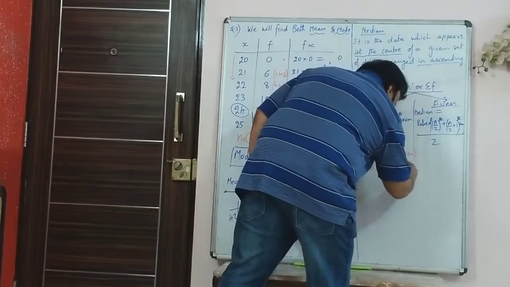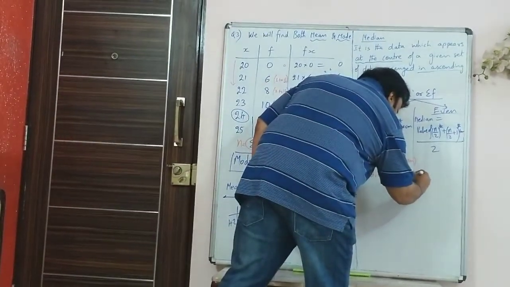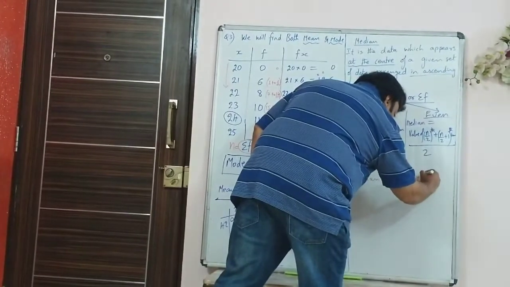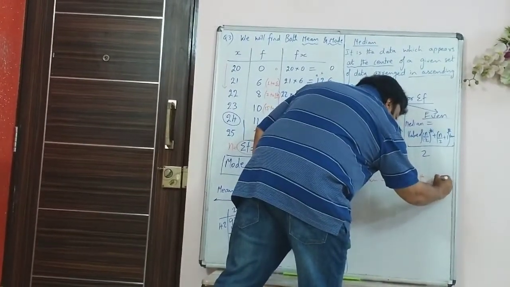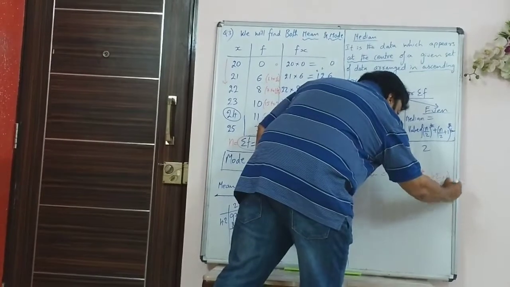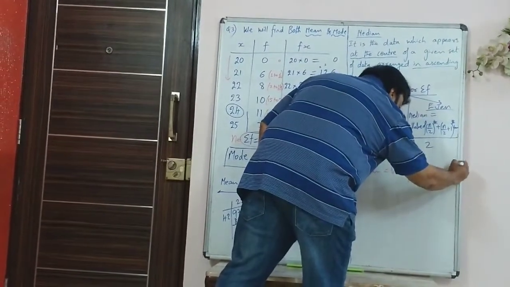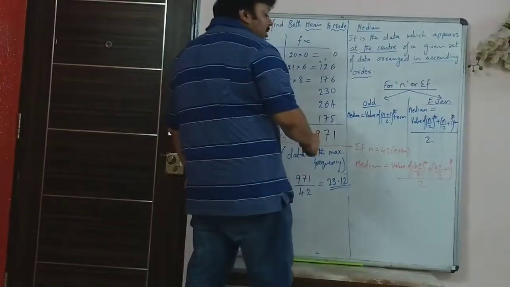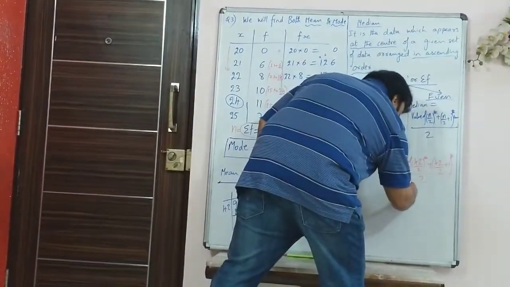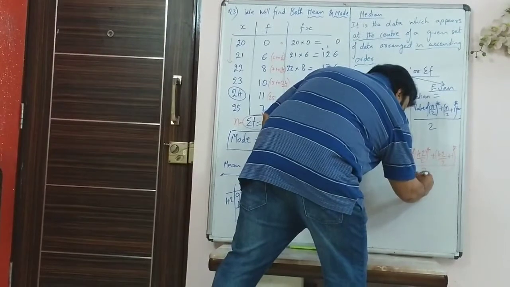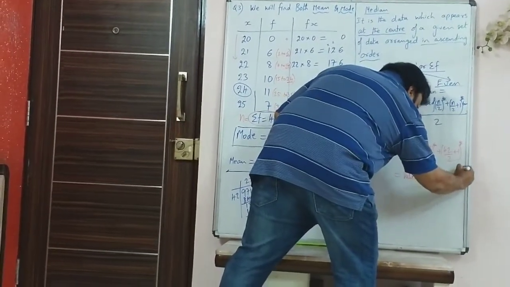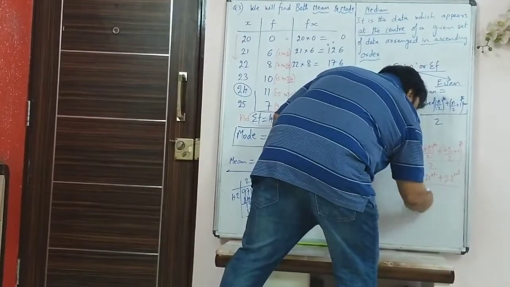Median would be the value of 42 by 2 plus 42 by 2 plus 1. Those two terms average. So 42 by 2 is the value of the 21st term and the value of the 22nd term, upon 2.